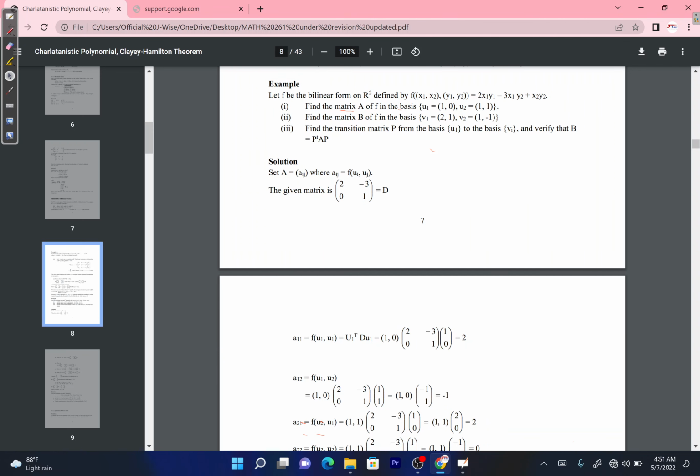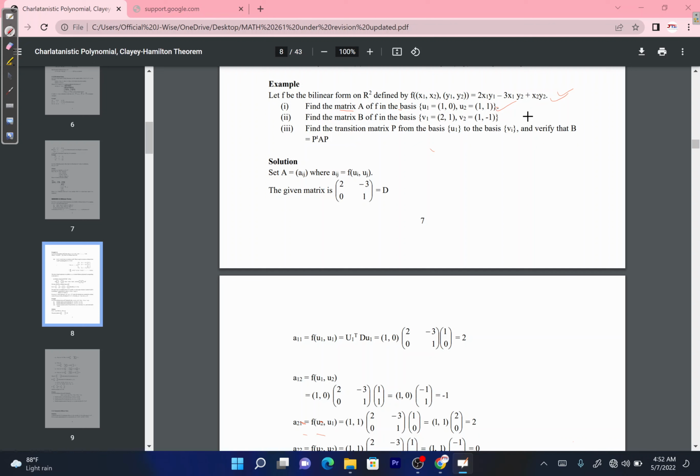We let F be a bilinear form on R2, a 2-dimensional space, defined by this. Now we are to find the matrix A of F in the basis U1 and U2.